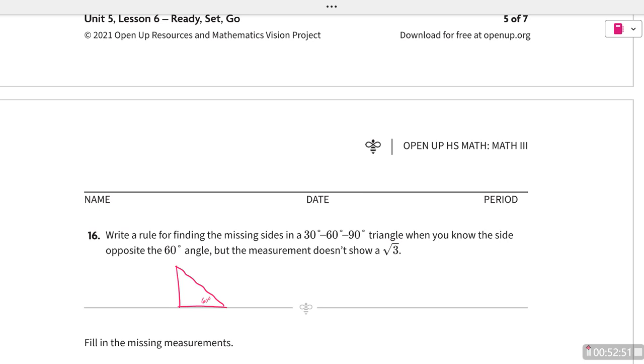So 60, we know this is the same thing as square root 3 b, and this is b, and this is 2b. So we divide the side across from 60 by square root 3, then rationalize, to get the side across from 30.